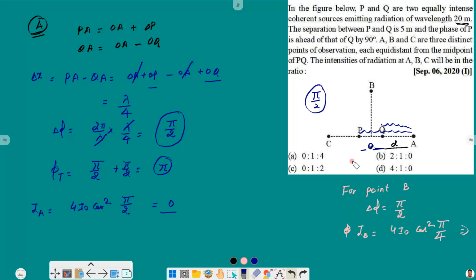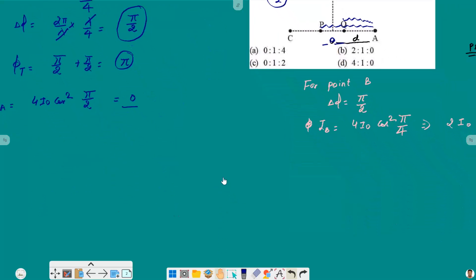Now solving for the point C. For point C we will have the same setup as for point A. So for point C, the path of the light from the point P, PC, will be equal to OC minus OP, and QC will be equal to OC plus QO.